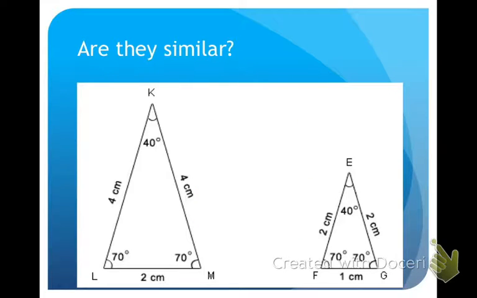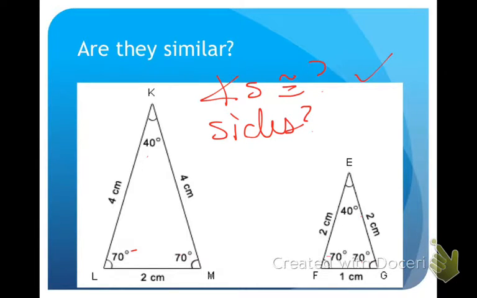Alright, second example, are they similar? Well, we have two criteria here. Are the angles congruent? And are the sides proportional? The angles congruent part, 40, 40, 70, 70, 70, 70. Yeah, that one was easy. It's not always that easy, but in this case it was.